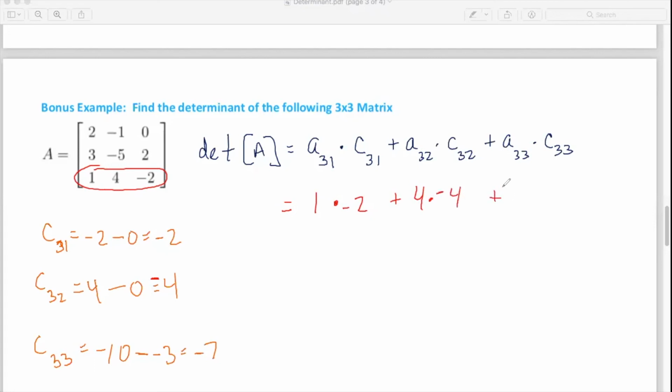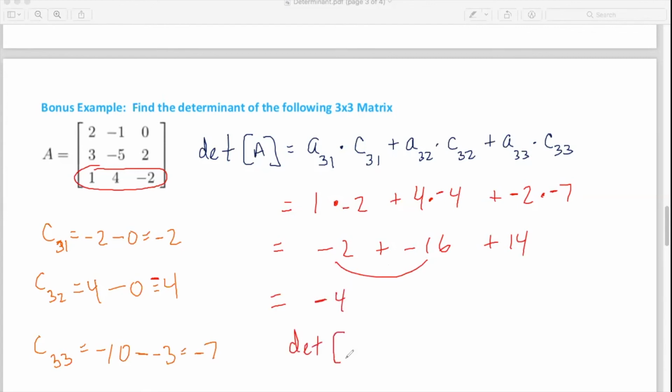And then plus the last thing in that row, which was -2, times its cofactor, which was -7. So now simplifying, we've got -2 plus -16 plus 14, which is -18 plus 14, -4. So the determinant of this matrix A is -4.